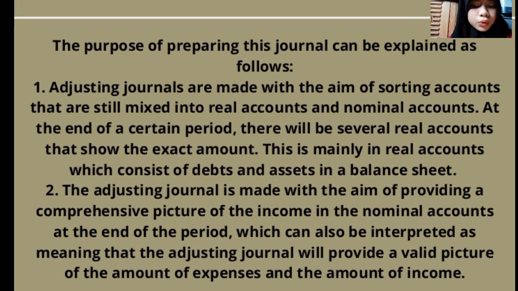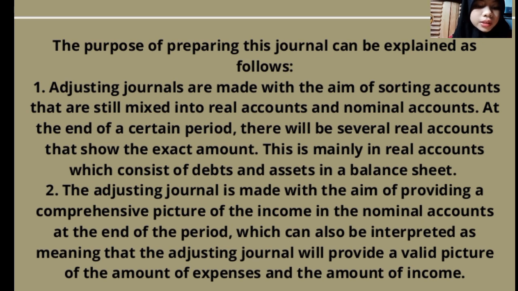The purpose of preparing the journal can be explained as follows. Number one, adjusting journals are made with the aim of sorting accounts that are still mixed into real accounts and nominal accounts at the end of a certain period. There will be several real accounts that show the expense amount.